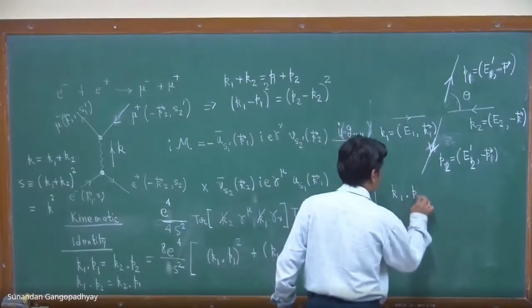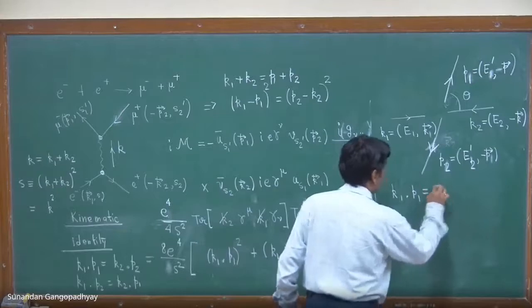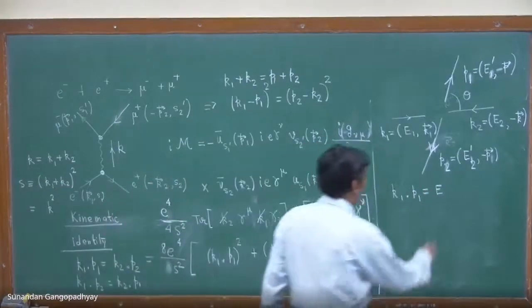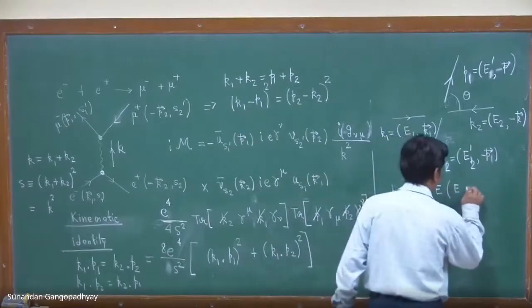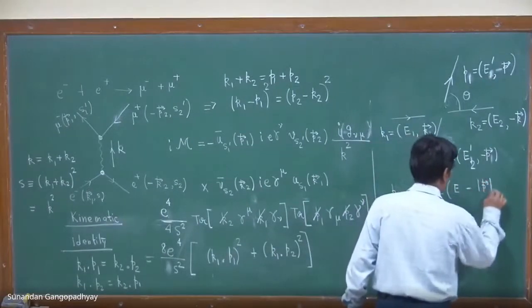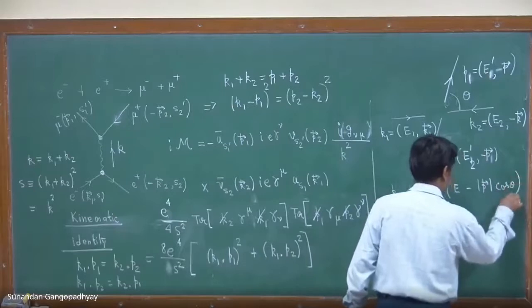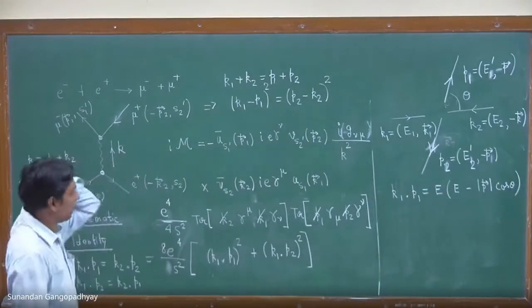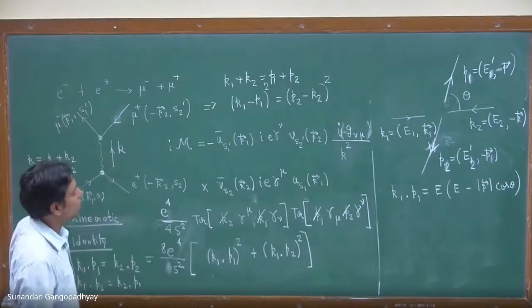Then you can show that K1 dot P1 is easy to calculate. It is not difficult. It is E. Okay.